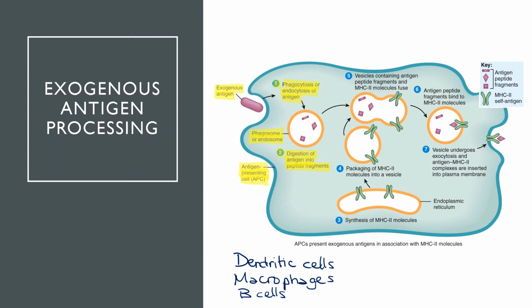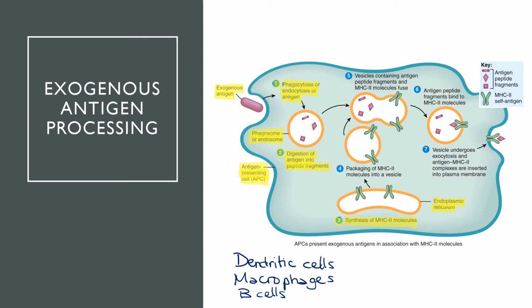Step 3 is down here at the bottom of this cell, and this is the synthesis of MHC2 molecules. This happens at the same time that the antigen is being engulfed by the cell. The APC synthesizes MHC2 molecules in the endoplasmic reticulum.